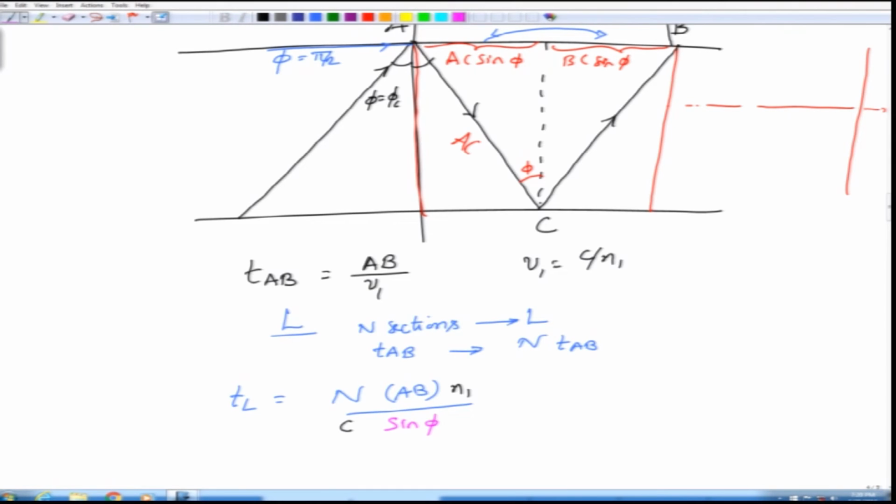Okay. So, the distance AB is given by AC sin phi plus BC sin phi. By symmetry, this is equal to 2 AC sin phi, and this would be the distance that you are looking at. So, this would be the unit cell distance.